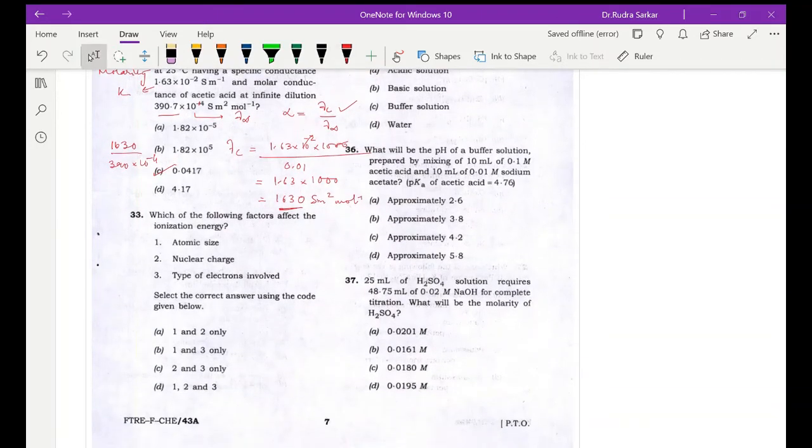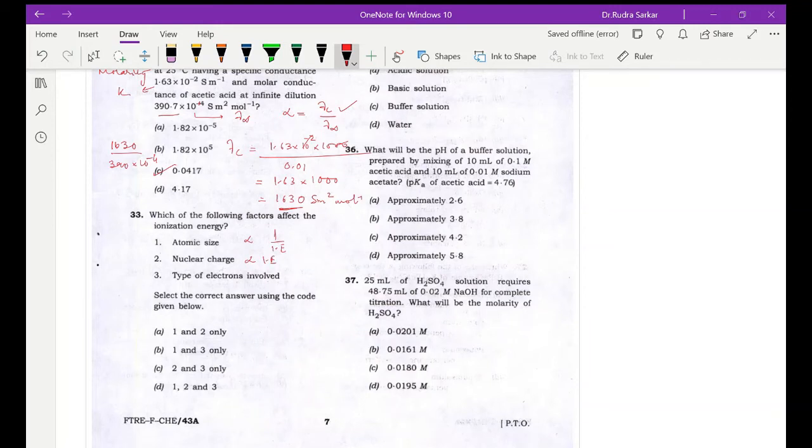Next, which one of the following factors affect the ionization energy? Obviously, as atomic size increases, ionization energy should decrease. So atomic size is inversely proportional to ionization energy. As nuclear charge increases, IE increases.